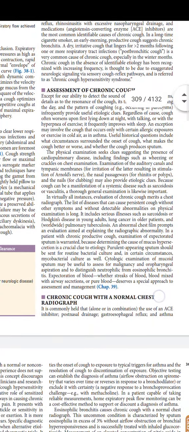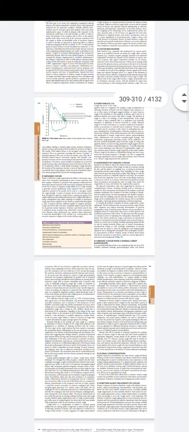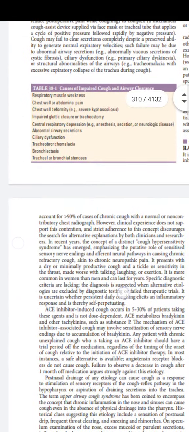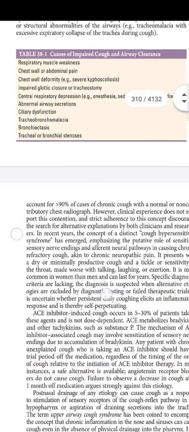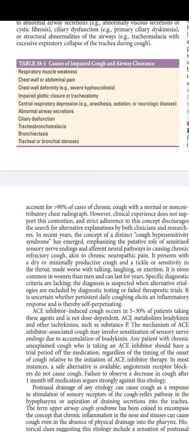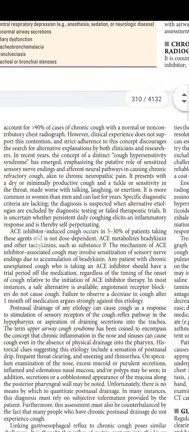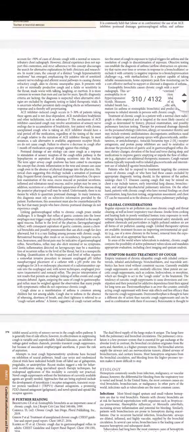Other than that, everything like assessment is the same. Again here, the causes of impaired cough and airway clearance have been increased. Earlier it was only up to central respiratory depression, for example anesthesia, sudden or neurological disease. They have added many more like chest wall or abdominal pain, bronchiectasis, tracheal or bronchial stenosis, ciliary dysfunction, many have been added now.